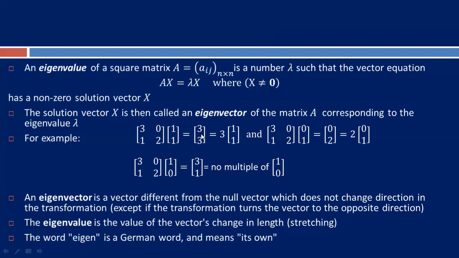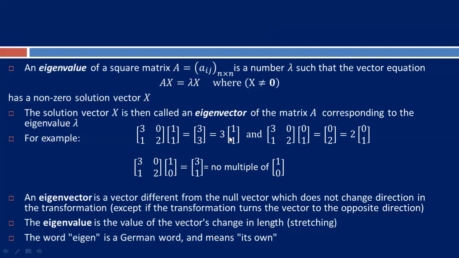Here we clearly see that we can take common 3, because all these entries are multiples of 3. When we take common 3, we have 1 1 as x, the same x as we put here. If we compare this with our equation Ax equals lambda x, this is our A, this is our x, and after multiplication we got x and lambda.